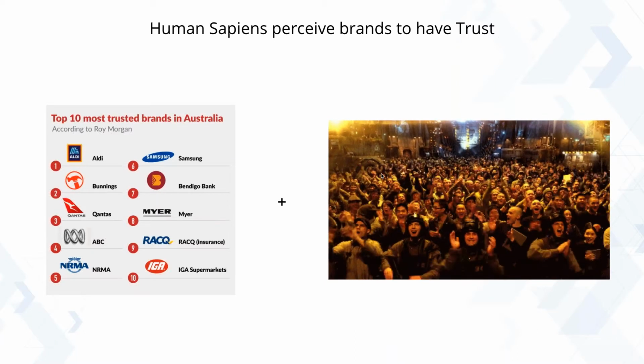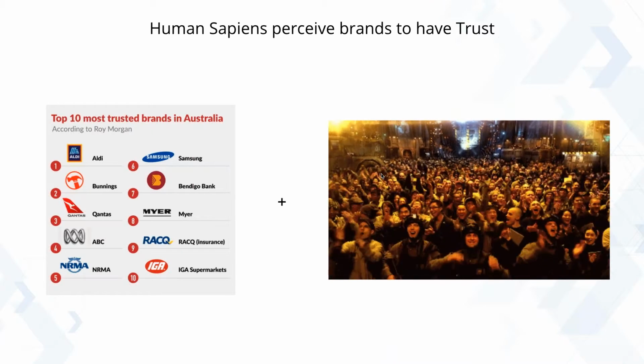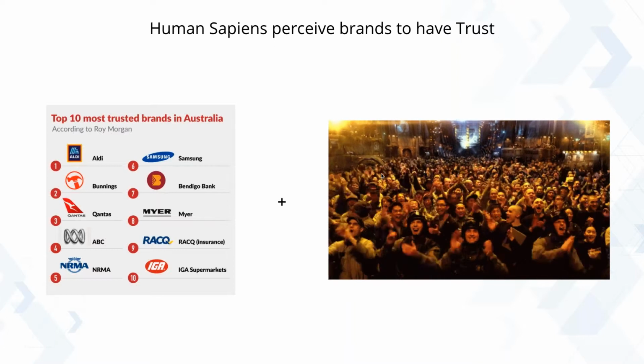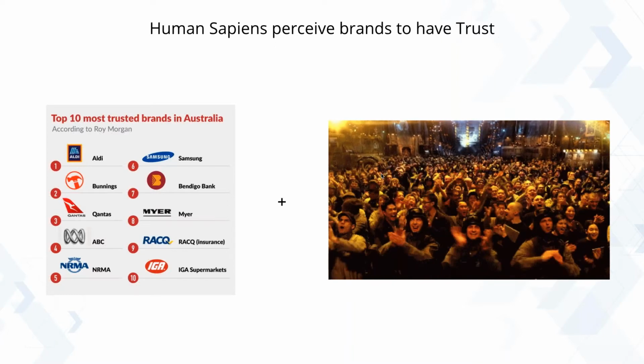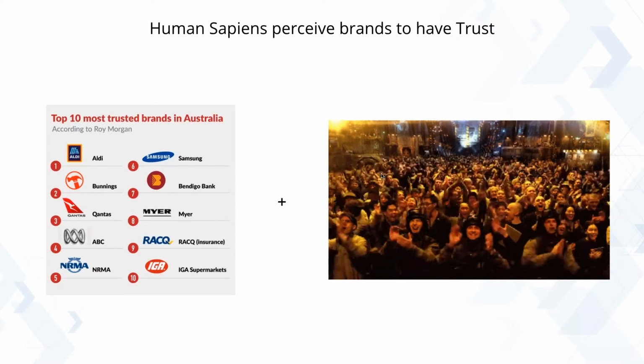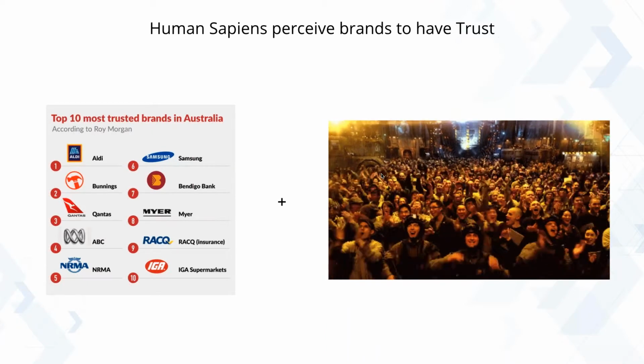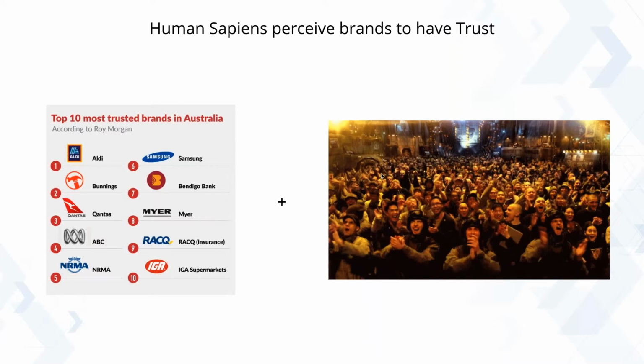It's interesting that humans can trust a brand, that they put trust in a brand, that they think a brand can hold trust. It's not actually real what that is. It's quite a subjective thing.